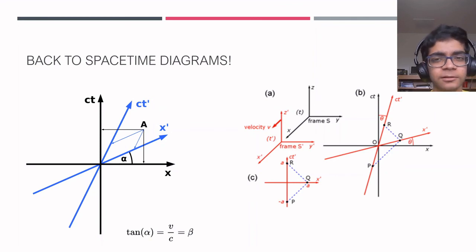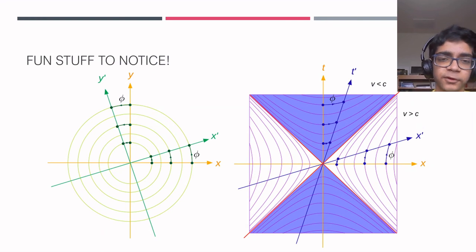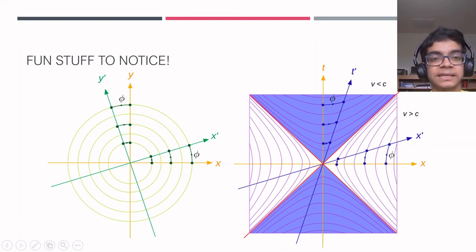So let's take a look at some weird things that we can do with these. The first thing to notice is how cool space-time diagrams look in comparison to normal Euclidean space. So here is Euclidean space, where these circles represent x squared plus y squared equals some constant. We could call those invariant circles, and they're just normal circles.